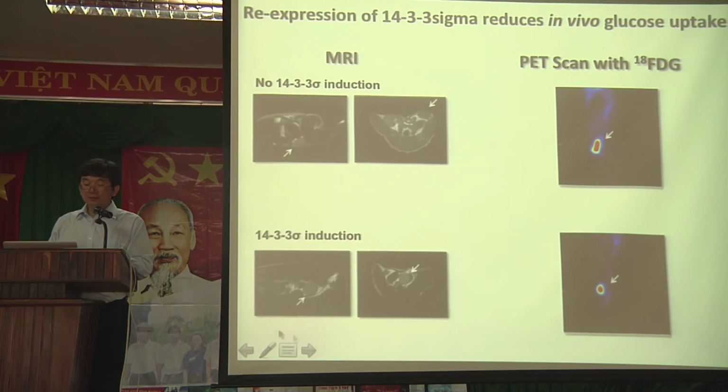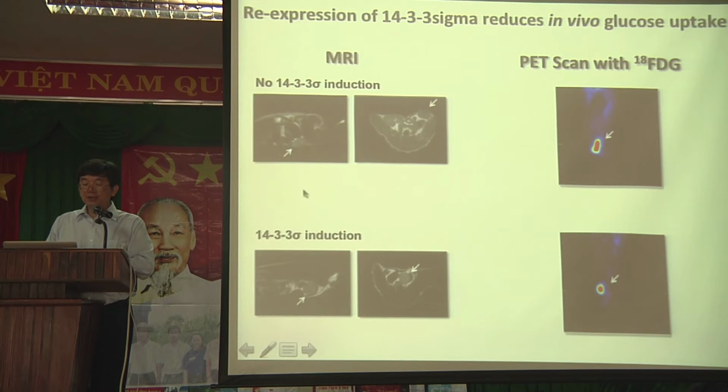But in this animal, the 14q sigma gene was induced using doxycycline. You feed the mouse doxycycline, which induces the expression of the 14q sigma gene in the cancer cells.